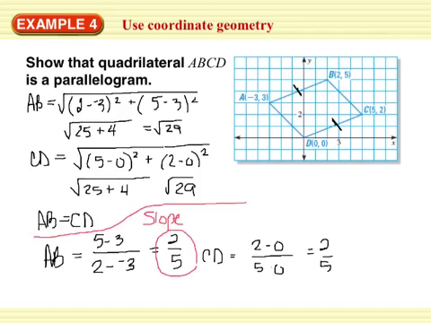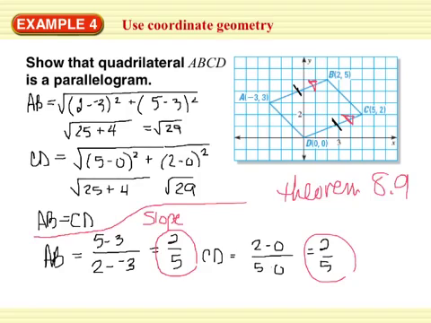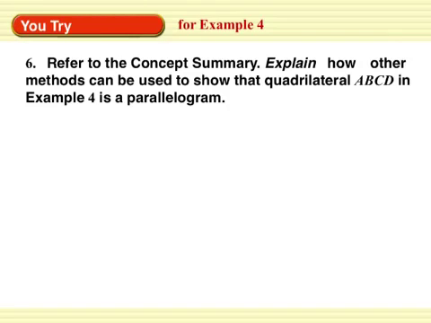I have the slope of AB and the slope of DC. So AB is equal to CD, and the slope of AB is equal to the slope of CD. So if these are congruent and parallel, I'm going to go back to that concept summary sheet and say theorem 8.9 is my reasoning.